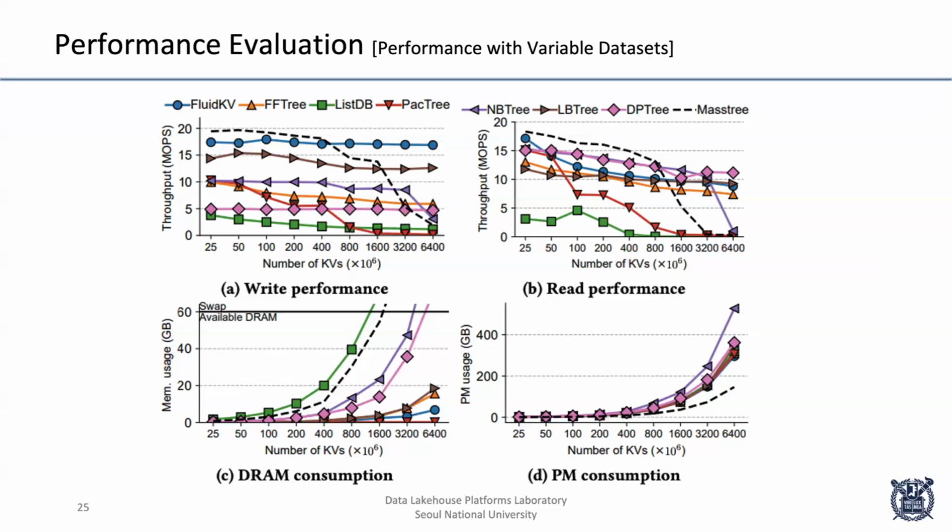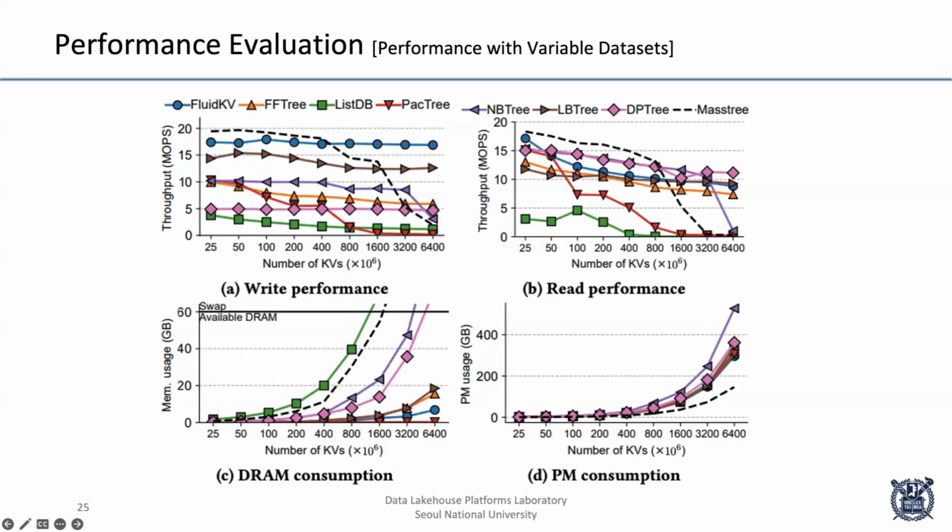And listDB performs worst due to the read amplification and the low parallelism of skip lists. DP-tree performs slightly better than FluidKV, up to 20%. This is because DP-tree tends to buffer the key values in the first few stages, and it makes use of the DRAM-only indexes rather than merging the data into a persistent large stage like FluidKV.